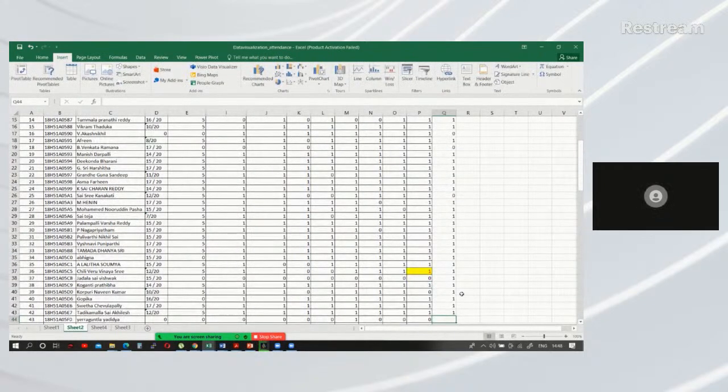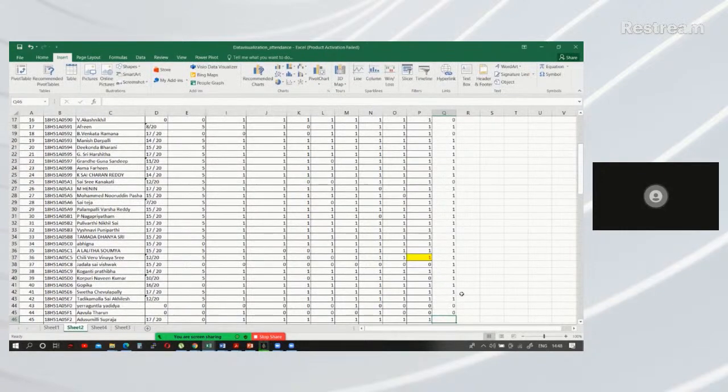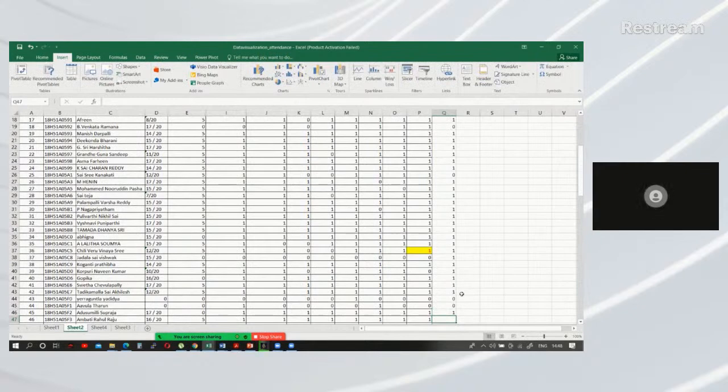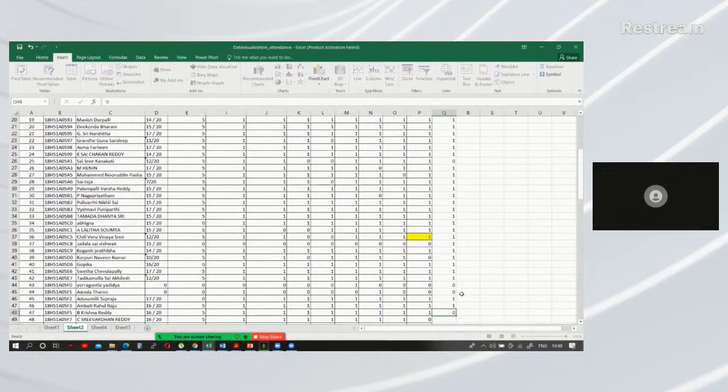F0, F1, F2, F3, present, sir. F5, F7, present, sir.